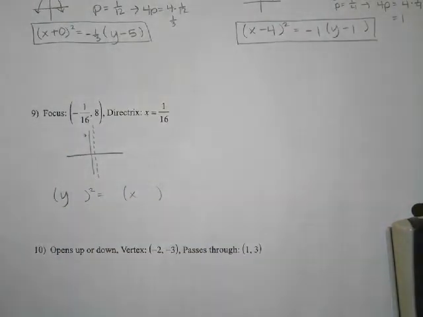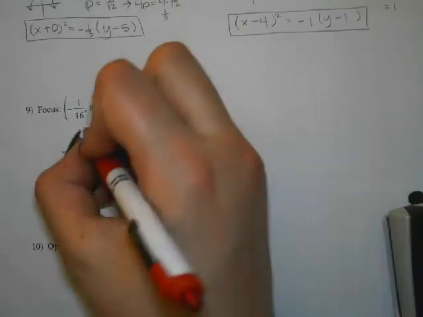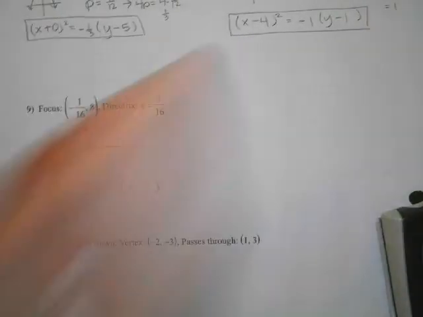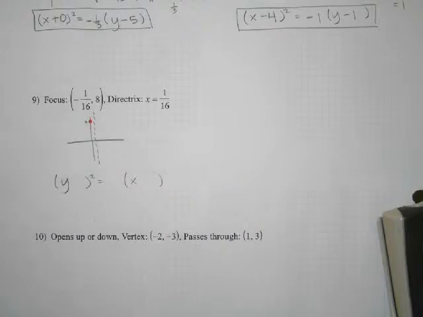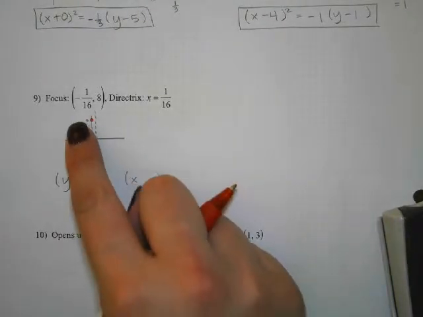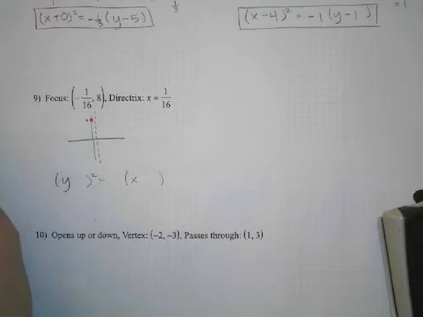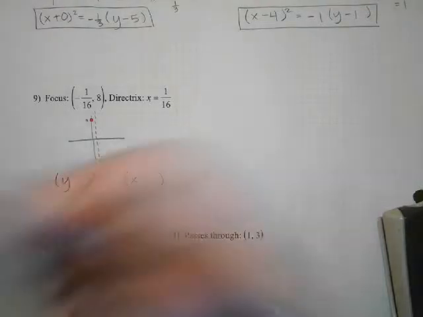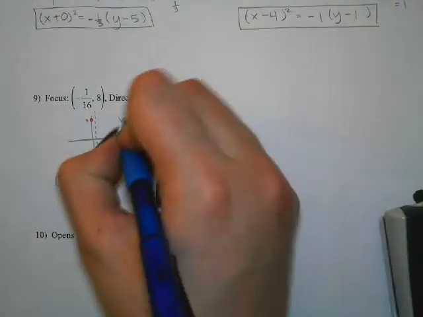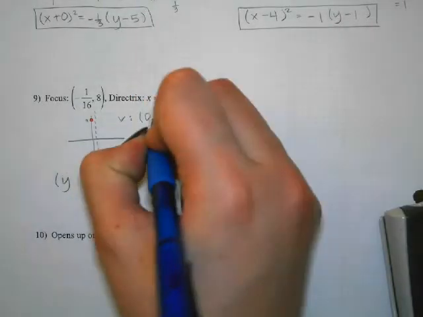Now the vertex is right smack dab in the middle of the focus and the directrix, right? So the focus is at negative 1/16, the directrix is at positive 1/16. So what is the vertex going to be at? 0, right in the middle. So the vertex has an x coordinate of 0.